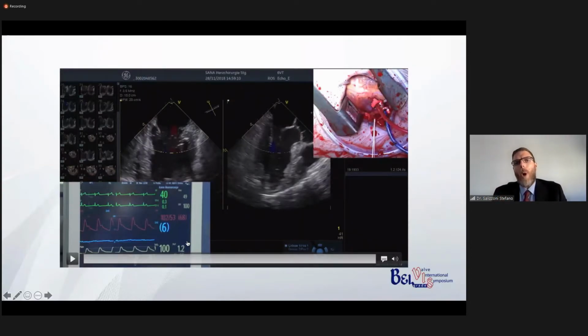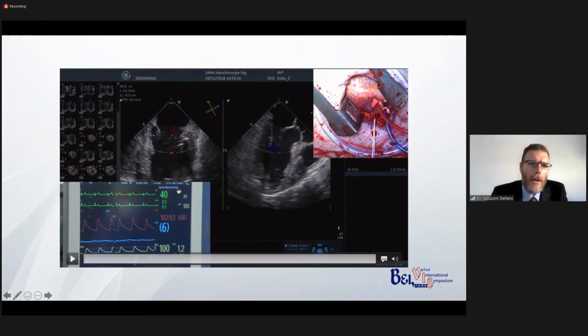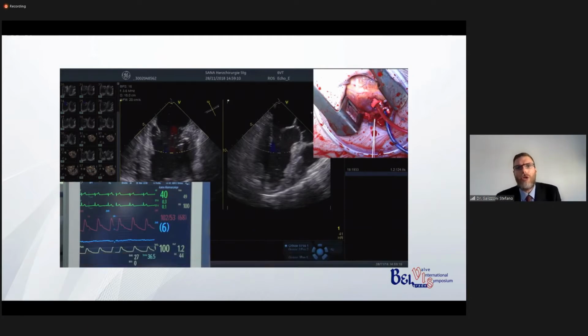So not only do we have a good result with the echo, but we really give a good service to the patient, because this patient for sure will improve his quality of life and his dyspnea. Okay, you saw there was more than 20 millimeters of mercury of difference when the valve was competent.